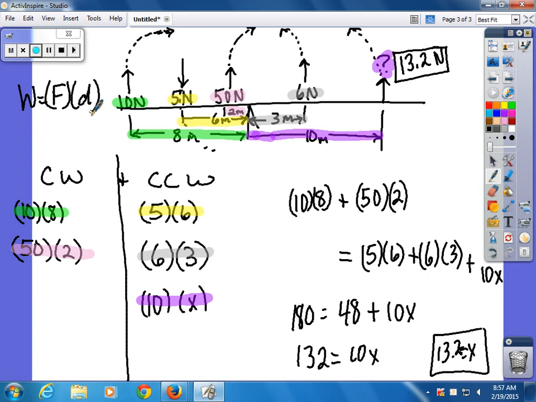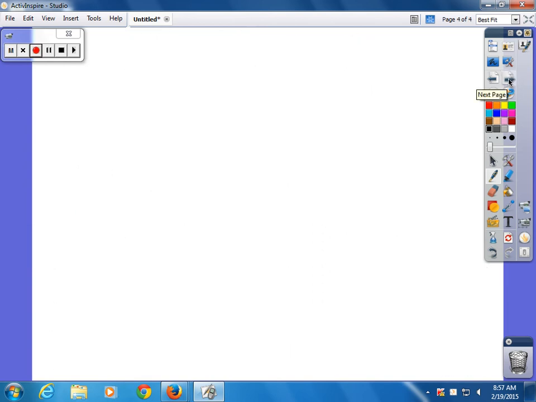All right, let's do another one. We haven't got into the calculus yet. This is all algebra. We've got 10 newtons, and I'm just going to put negative 10 meters.